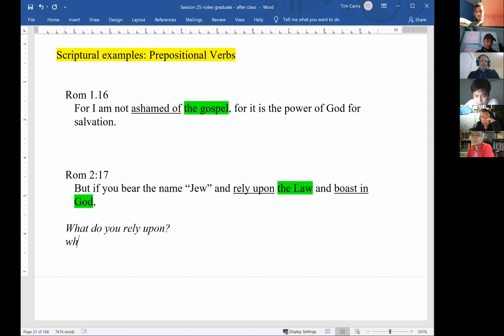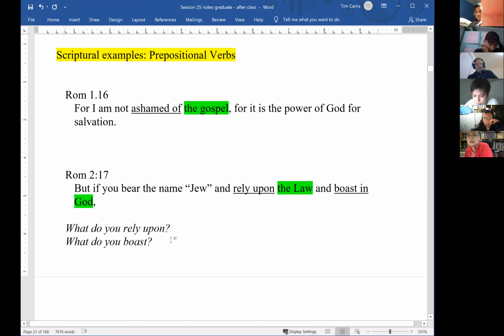So immediately I would think that this is a prepositional verb, rely upon and boast in. But looking at the interlinear, is this where this simple test fails when it comes to boast in? Because now in the Greek there's a preposition there.